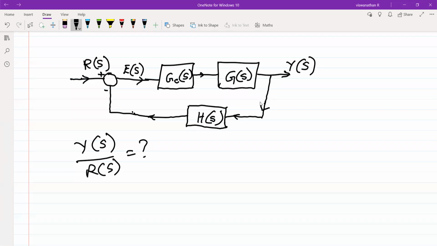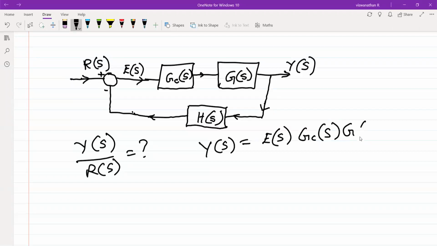So the error is this E of S. What is Y of S equal to? Y of S will be equal to E of S multiplied by GC of S multiplied by G of S. This error which is coming from here, and then the transfer function of this controller, and then there is the function of the system.